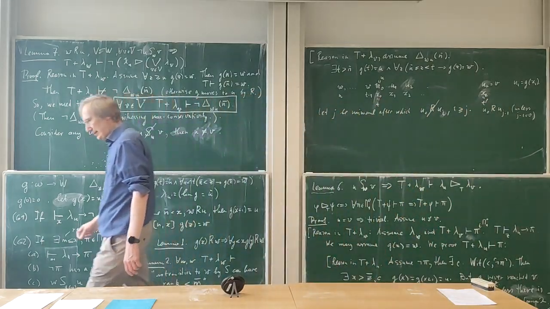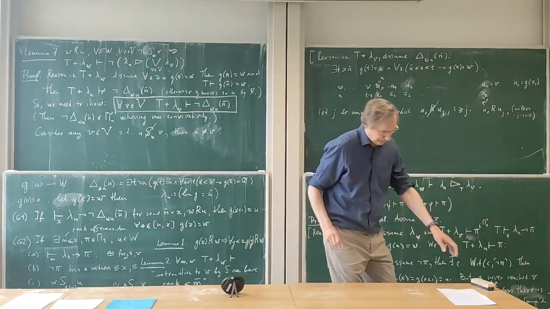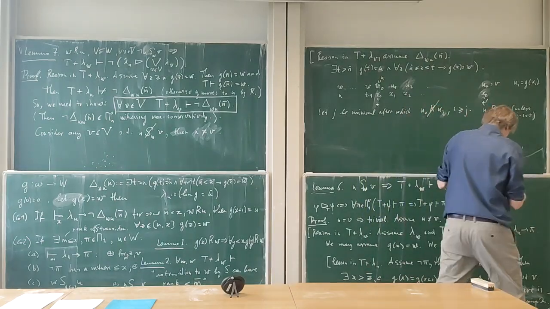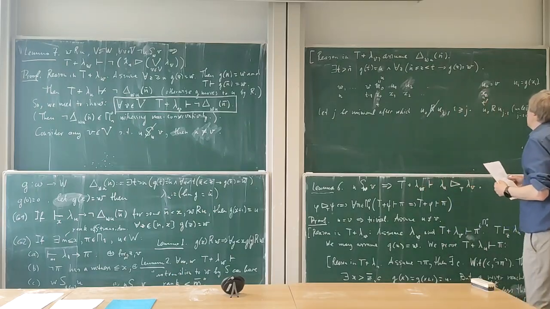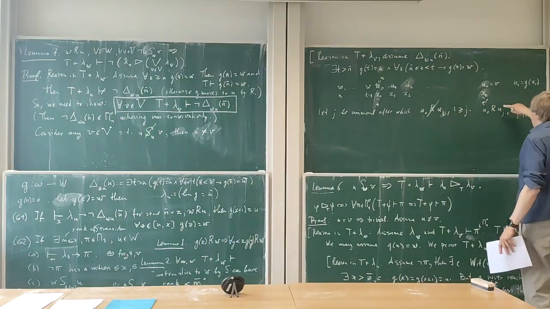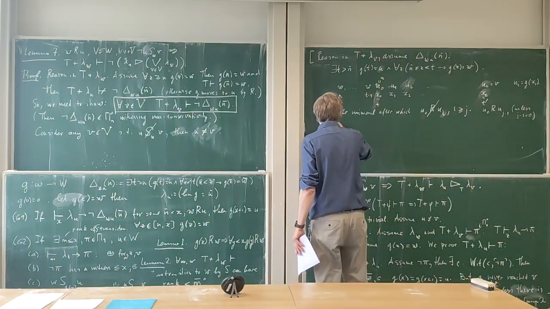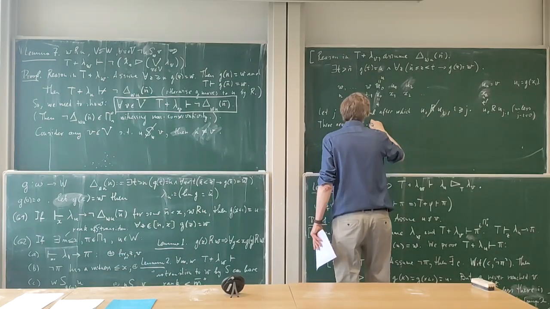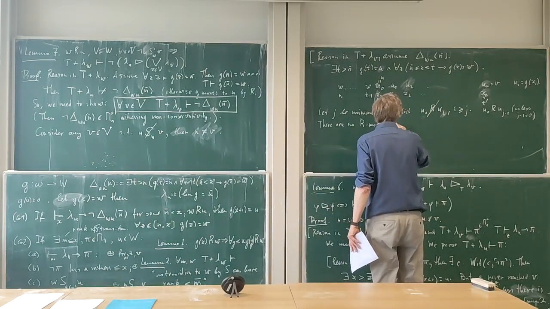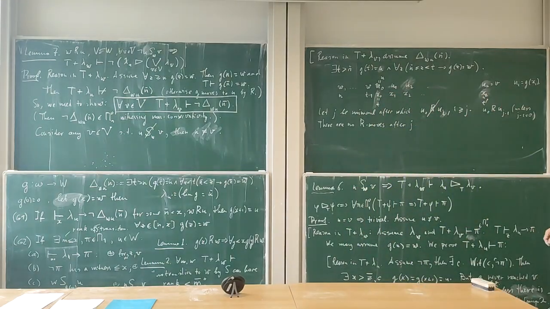So we selected this j, apparently it exists. And we notice that after this j, there cannot be any R moves. Now the question is why?